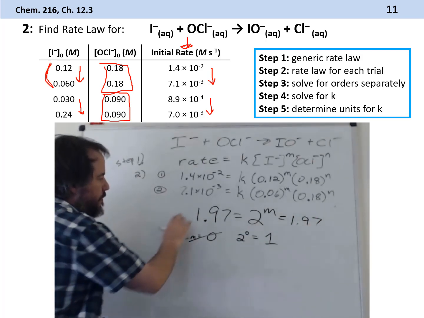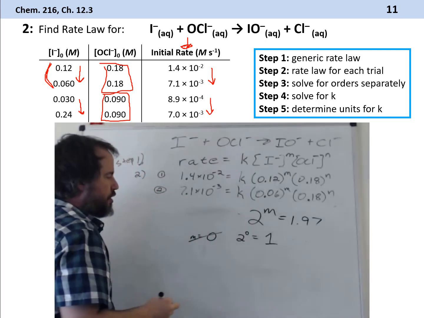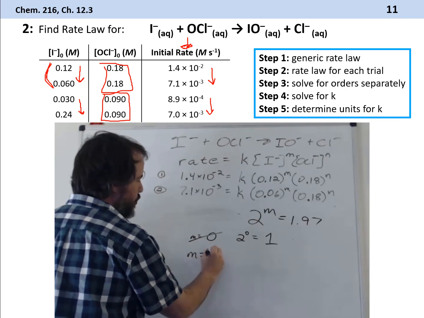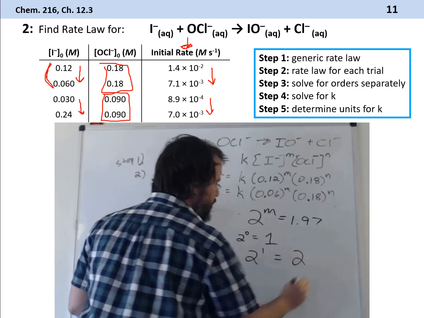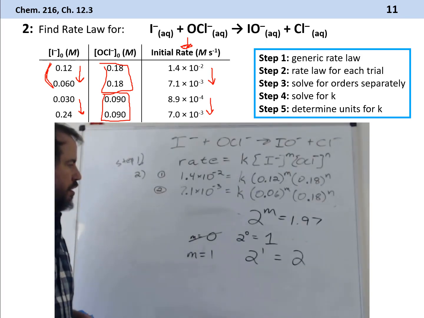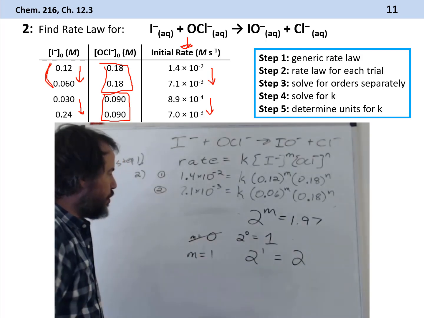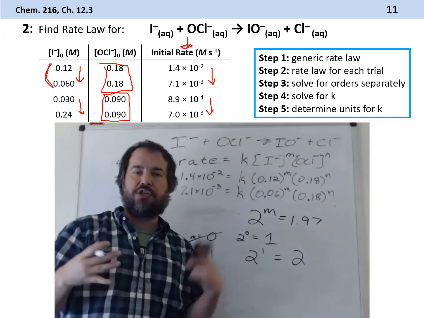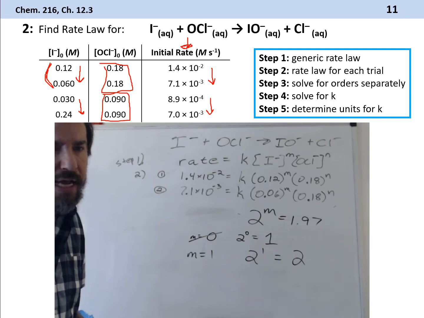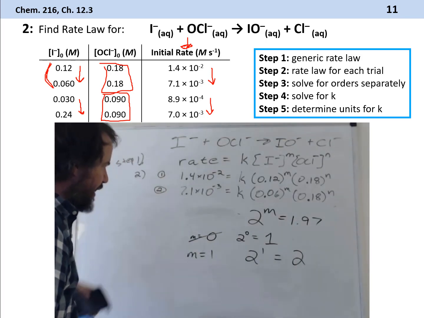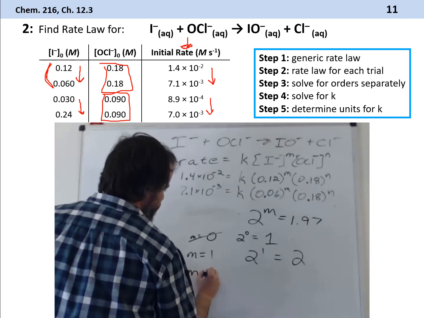Okay? All right. How about m equals 1? 2 to the 1 is going to give me 2. Well, that's pretty close to 1.97. Any number to 1 gives you that number. All right, that's pretty close. So maybe that's right, but we'll go in and we'll look at that later. How about m equals 2?